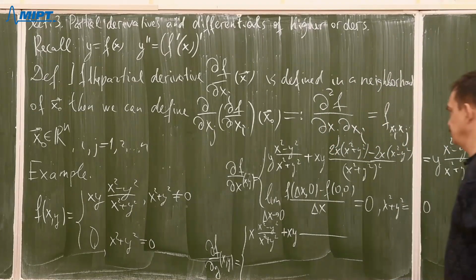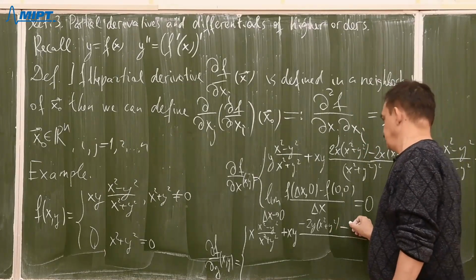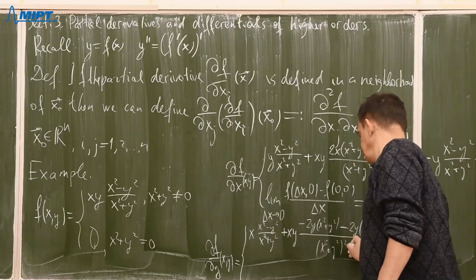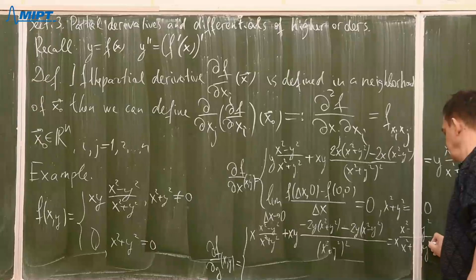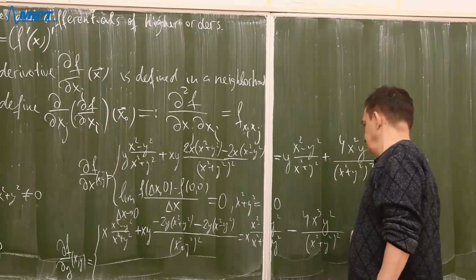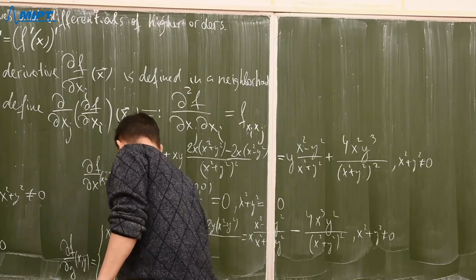So the derivative of the numerator gives minus 2y, times (x squared plus y squared), minus the numerator times the derivative of the denominator, over (x squared plus y squared) squared, that is x times (x squared minus y squared) over (x squared plus y squared), and minus 2y x squared is preserved, y cubed is cancelled, so minus 4x cubed y squared over (x squared plus y squared) squared, as x squared plus y squared is not 0, and once again 0 if x squared plus y squared is 0.